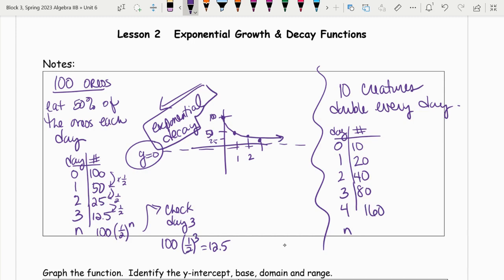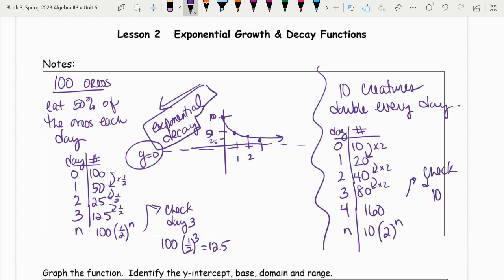So if I have day n, I'm going to start with 10 creatures. I'm doubling each day, so I'm multiplying each of these by 2, raised to the n power. Let's check that.